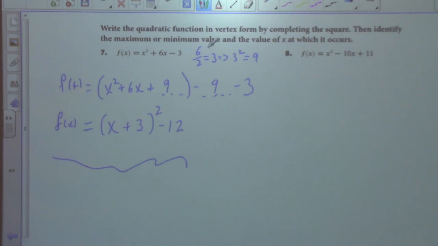This is asking us to identify the maximum or minimum value and the value of x for which this occurs. So do we have a maximum or minimum value?